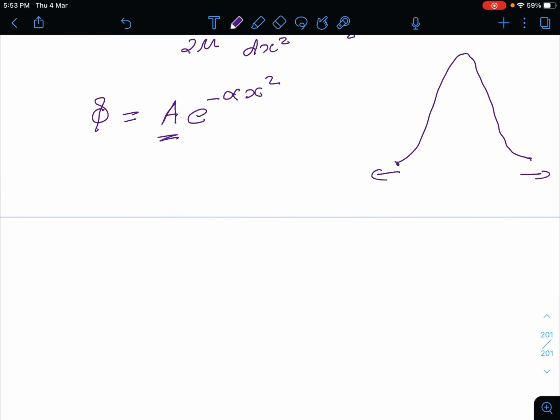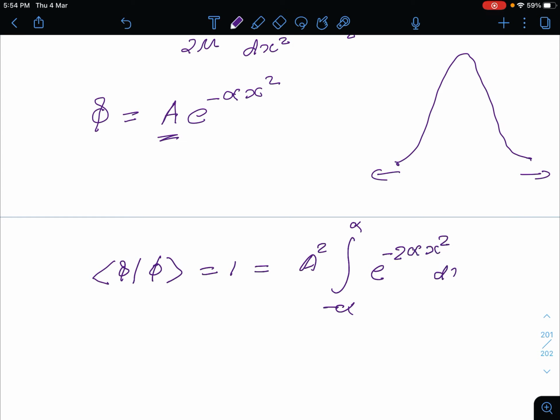We know that the integral of phi squared is equal to 1, which I can write as A square integral from minus infinity to plus infinity of e raised to minus 2 alpha x square dx is equal to 1.